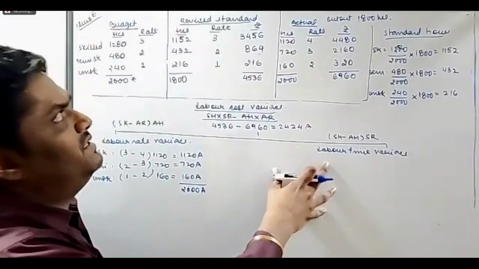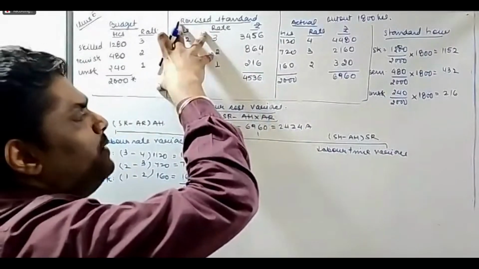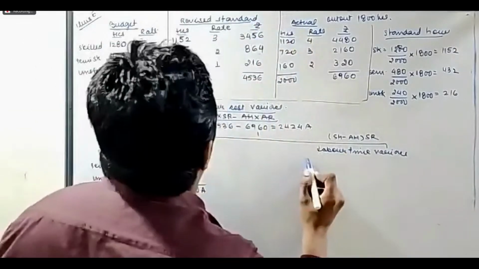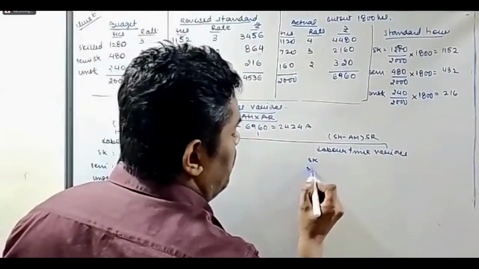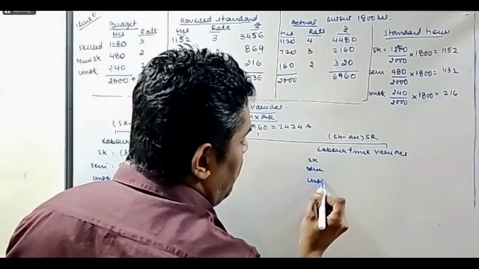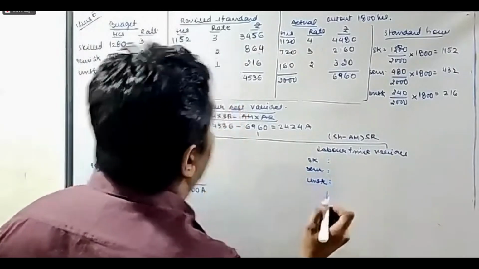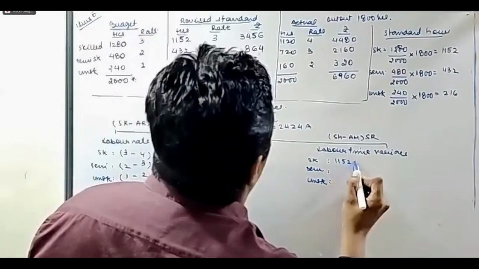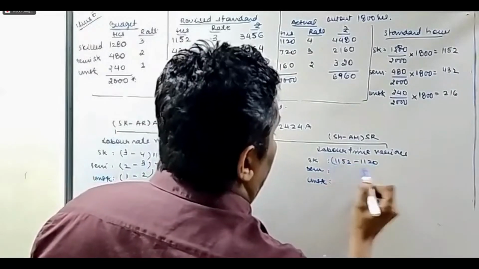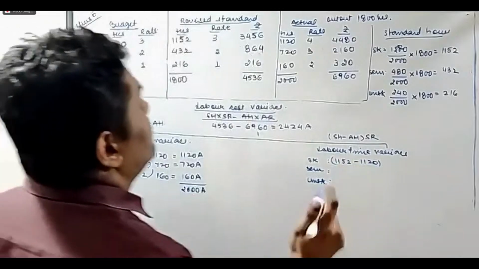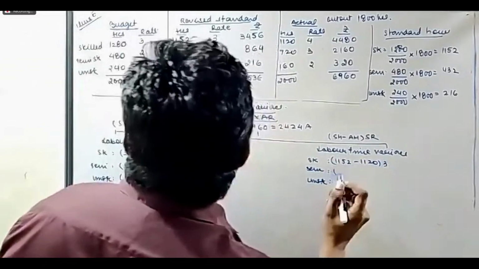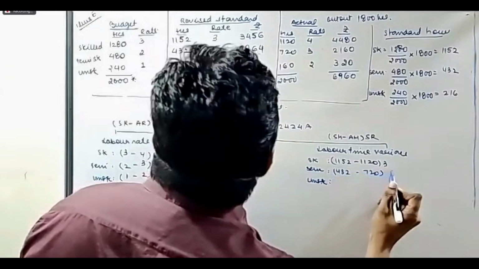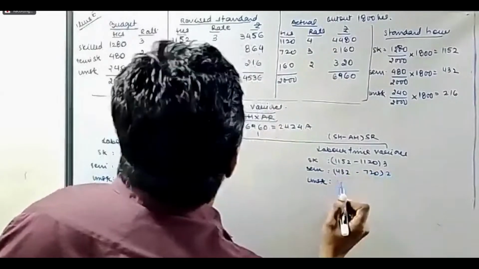Very simple: the work was supposed to be completed in this time and we took this much time. So 1152 into 3, into 2.